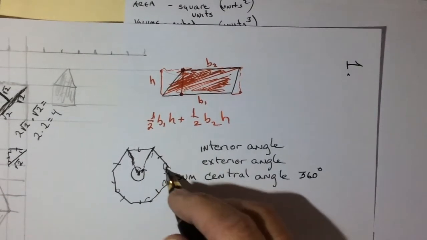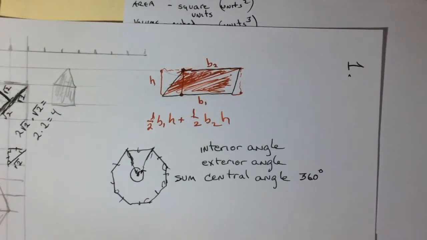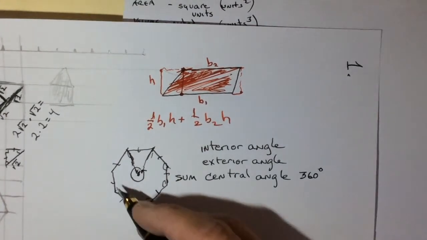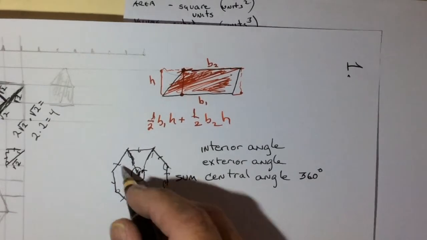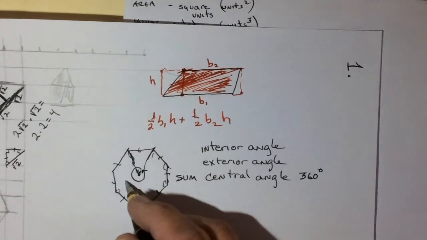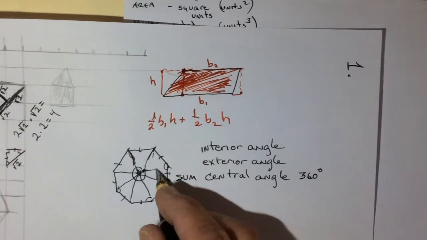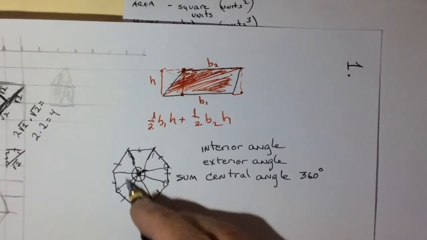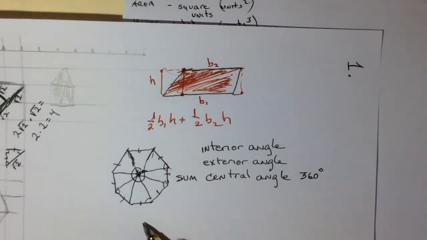This is 8 sides: 1, 2, 3, 4, 5, 6, 7, 8. And what I've said is I'm breaking this into congruent angles all the way around by connecting the vertices and the center. So I have broken this 360 into 8 different angles.